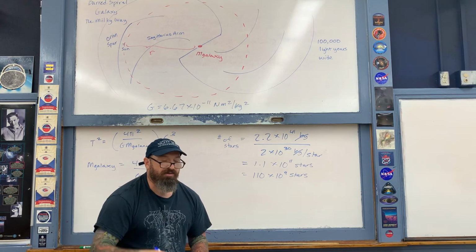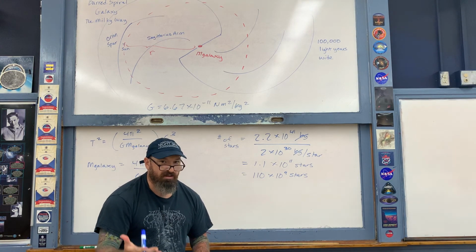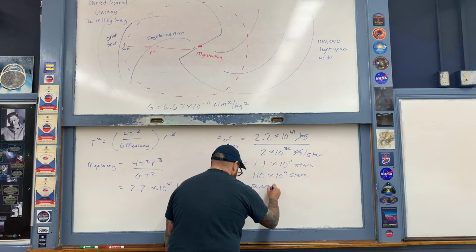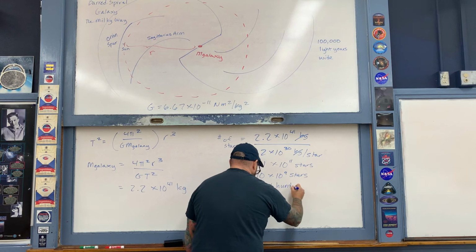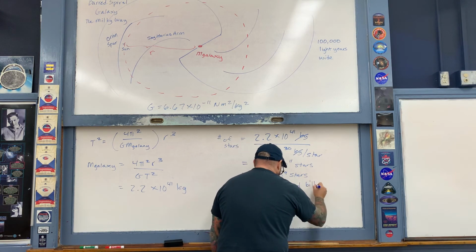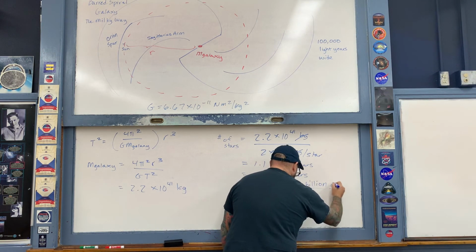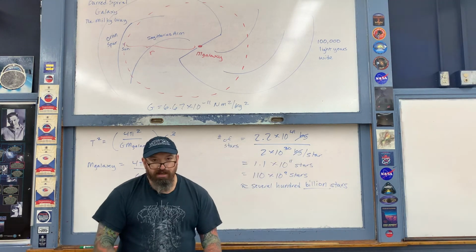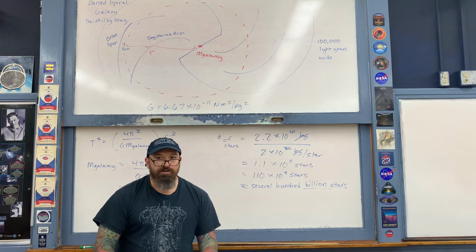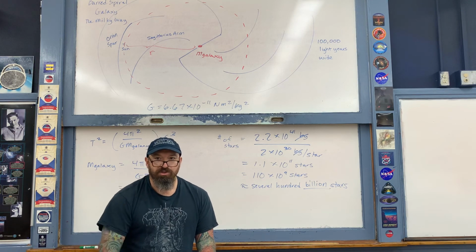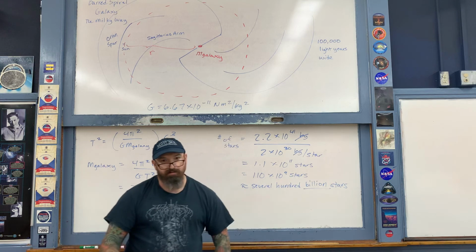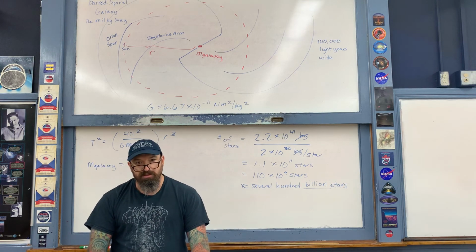So we're talking about several hundred billion stars. This is typical of spiral galaxies. When we look out into the universe and we count the number of stars associated with typical spiral galaxies, we come up with these types of numbers, several hundred billion stars.